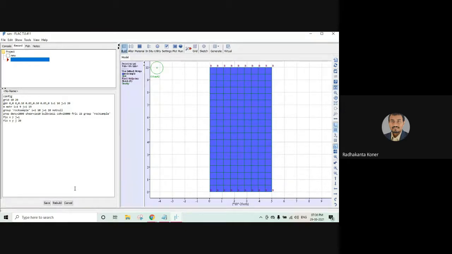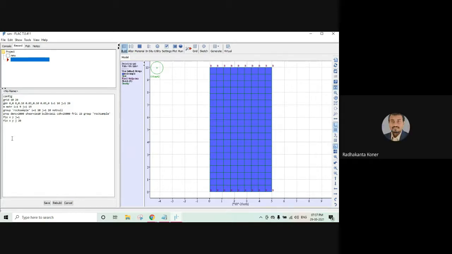That will not allow any movement, meaning any displacement in the downward direction as well as in the horizontal direction, both at the top as well as the bottom. So the sample is fixed on two flattened sides. That has been reflected in our boundary condition. Fix x, y, j equal to 1, bottom. Fix x, y, j equal to 20. So this means fixed.